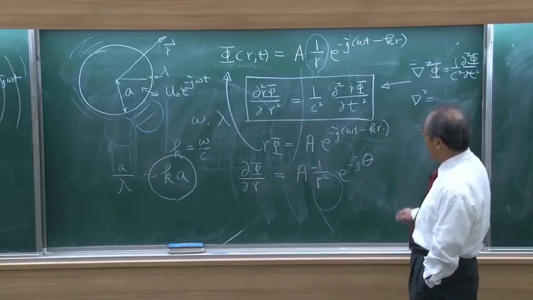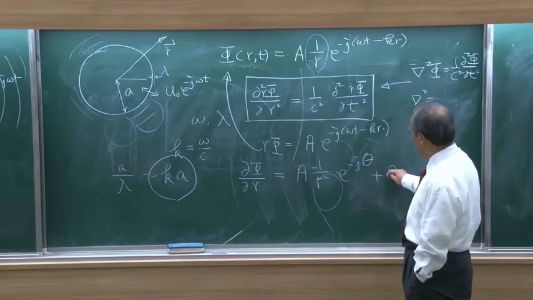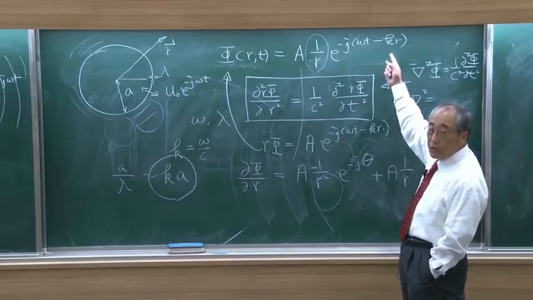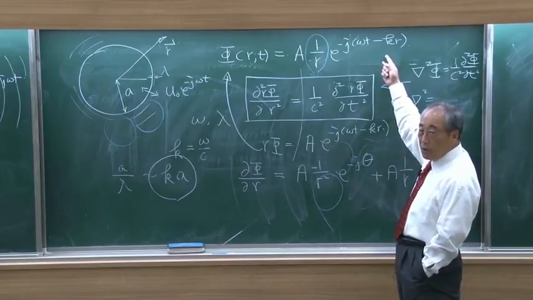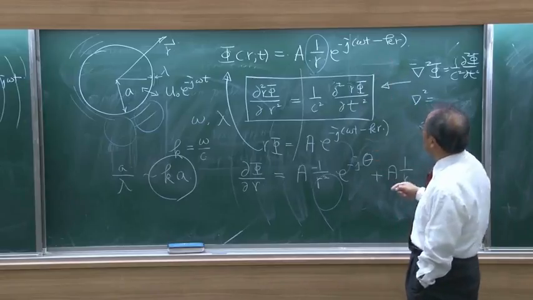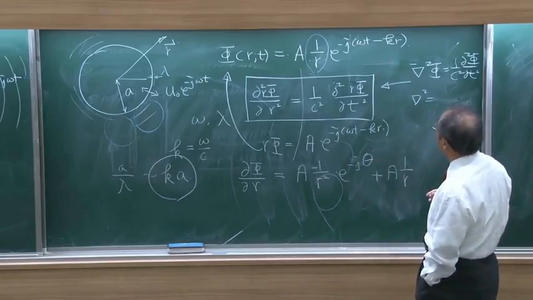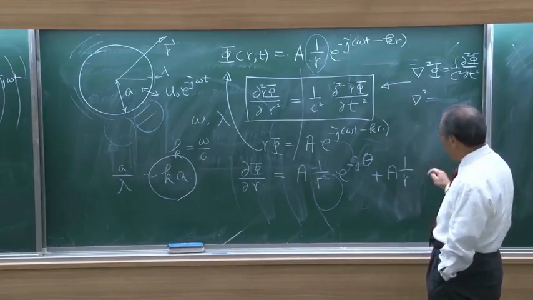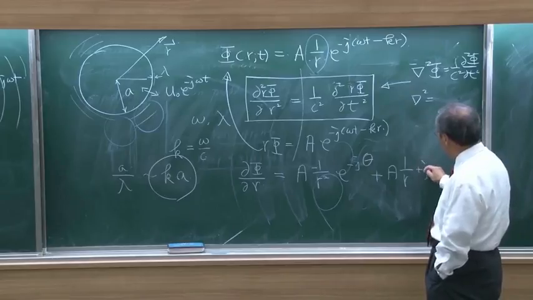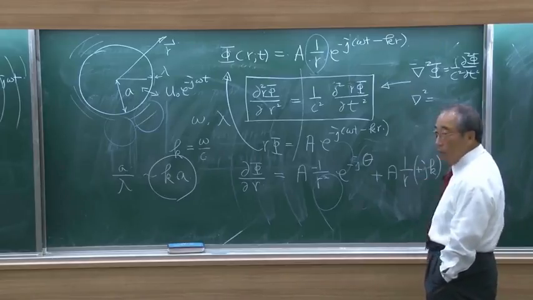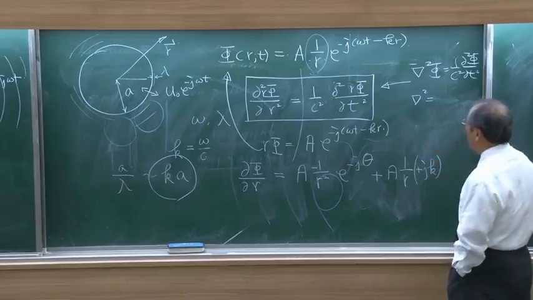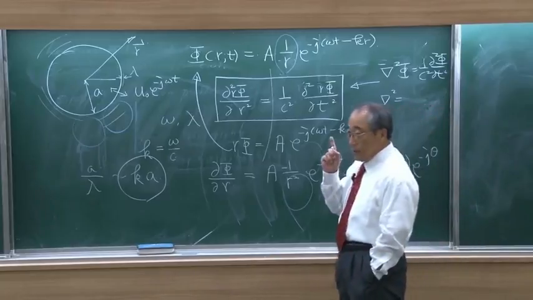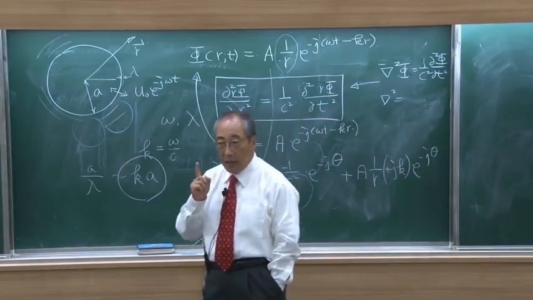In the second term, I have A and 1 over r, and then I have to take the derivative of the argument with respect to r. This will give us what? Minus j times minus k, that is plus jk, right? And then I have exponential minus j theta. That is the velocity in the r direction at any point.